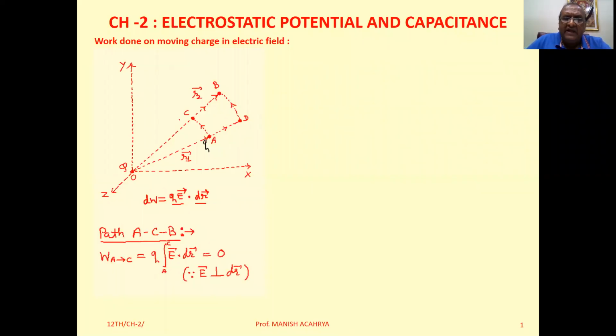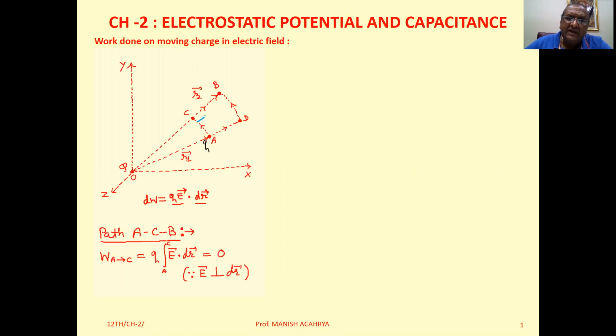Now, first we calculate the work done on moving charge q from A to C, and then from C to B. So we can write the work done on the path A to C, that is q integration A to C E dot dr. But see here, the electric field of charge capital Q is radially outward.